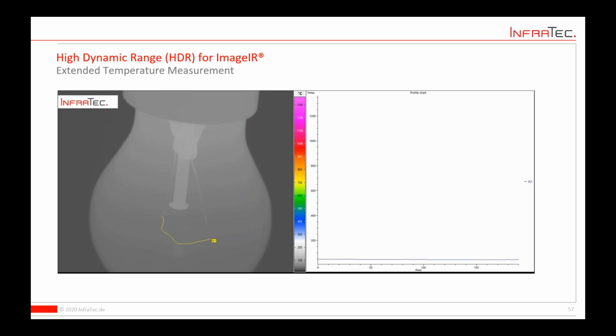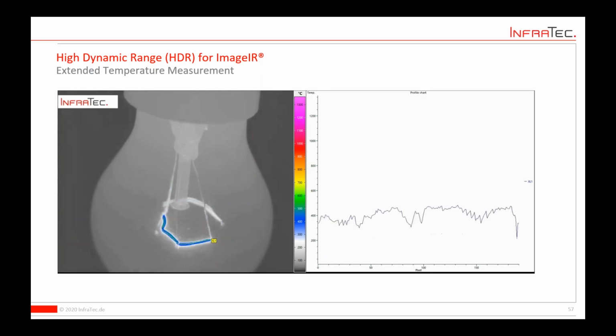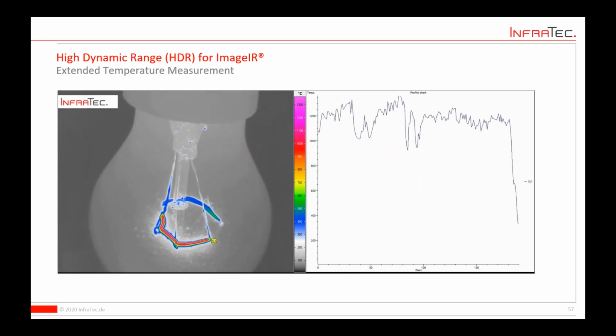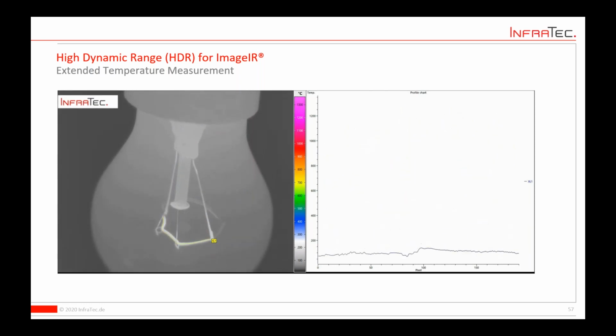But our camera with HDR is able to follow this process quite nicely over a wide range of temperatures. Here you see the turning-on effect and the cool down again. It's really a highly dynamic process that we can follow with our Image IR series with HDR.